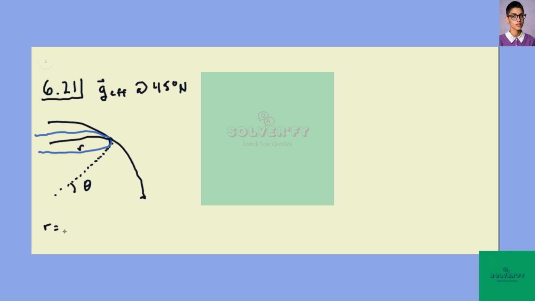I want to move that because I need to draw more things up there. So we're going to have the force due to Earth's gravity acting towards the center of the Earth.